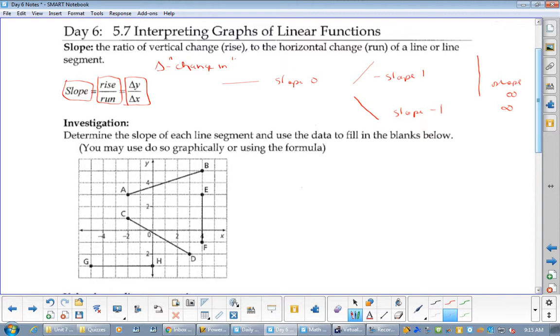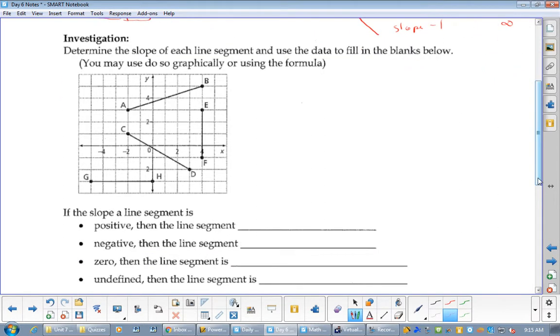So that's the change in y divided by the change in x. Now, the way you do slope is by drawing triangles. So let's talk about slope AB.